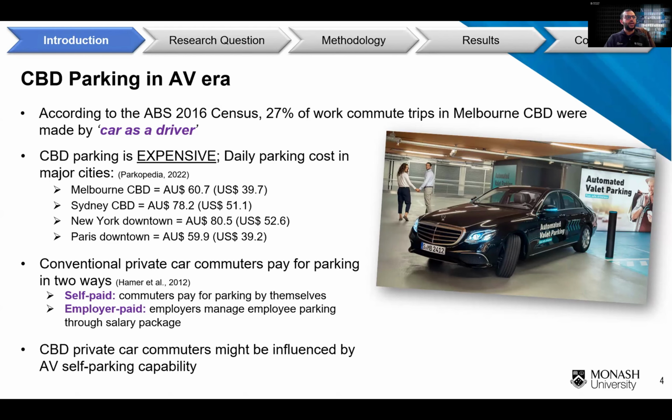Now, think about this: if conventional private car commuters switch to autonomous vehicles, they can use the self-parking capability and escape paying the CBD car parking cost, which is significant in amount.